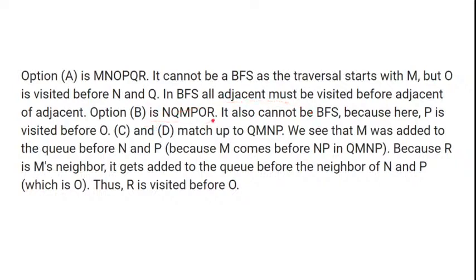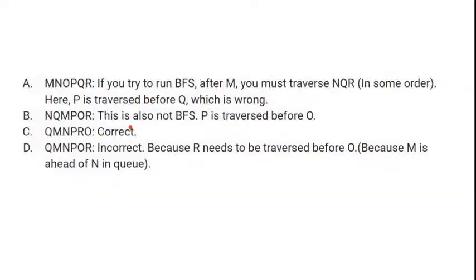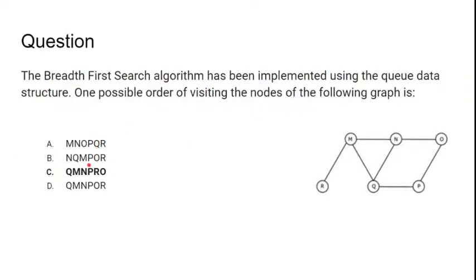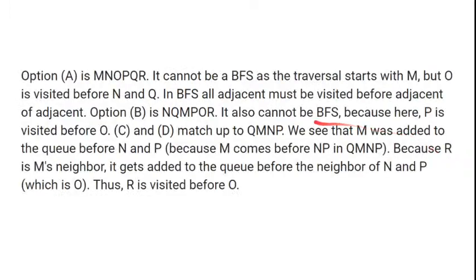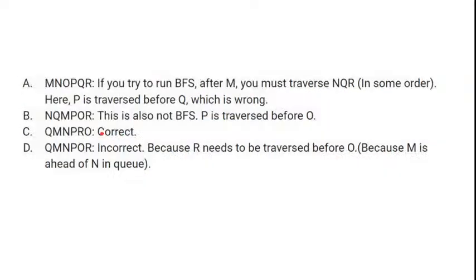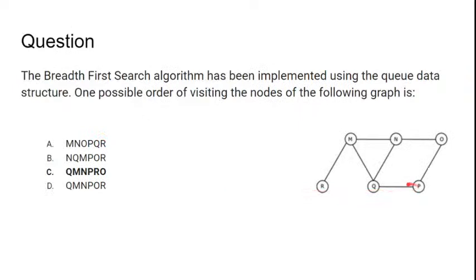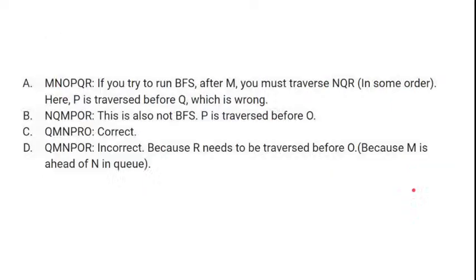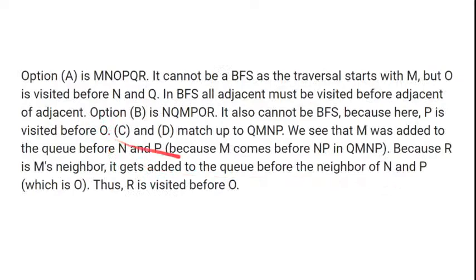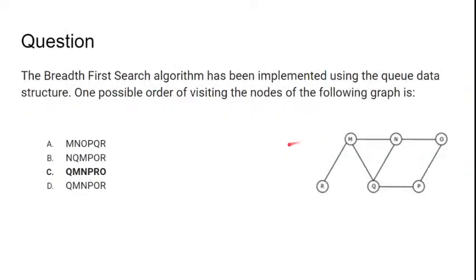Option B, NQMPRO, cannot be breadth first search, because P is visited before O. NQMPOR means in the second option P is visited, the adjacent node, before O and before R. So C and D match up to QMNP, the adjacent nodes.